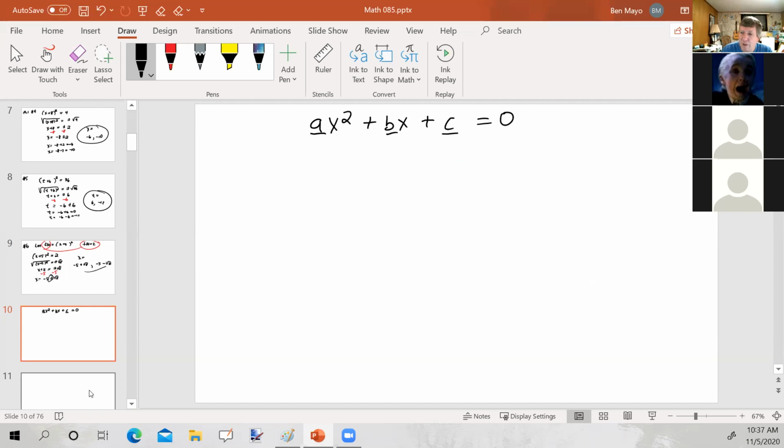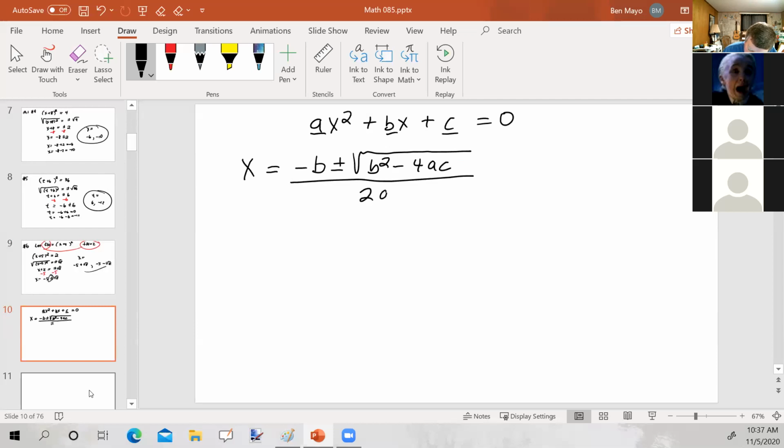When we have an equation in this form, where it's a second degree equation, we can solve it using what is called the quadratic formula. And the quadratic formula looks like this. It says x equals -b plus or minus the square root of b squared minus 4ac all over 2a.